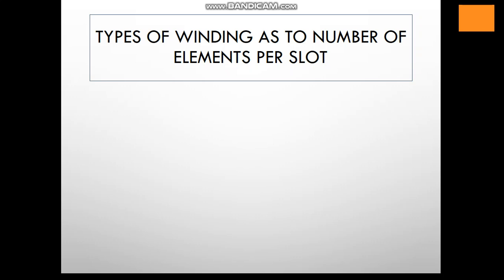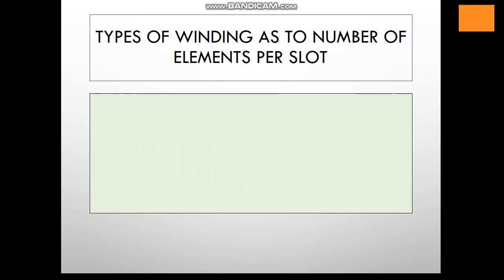Now, in this video, I will start my discussion on types of armature winding as to number of elements per slot. So there are three types of winding elements per slot.